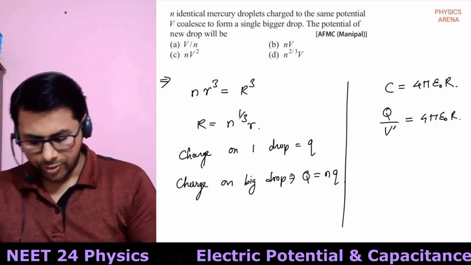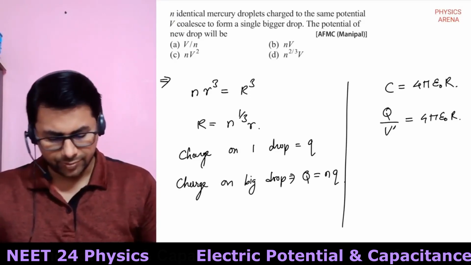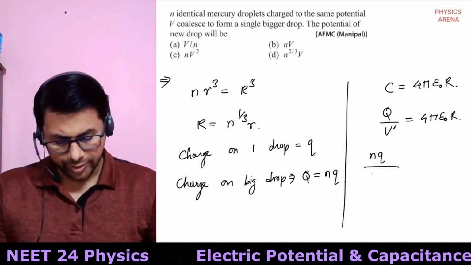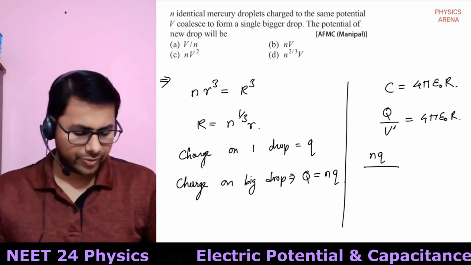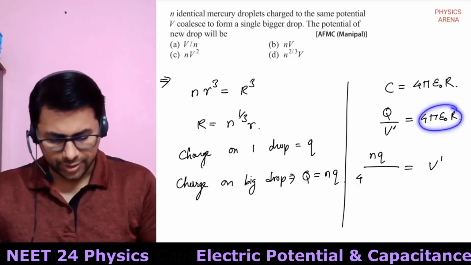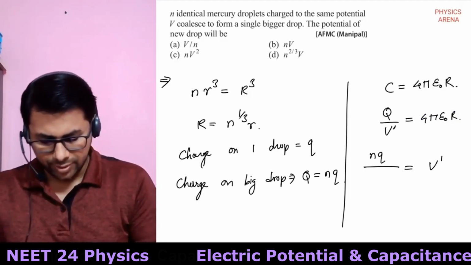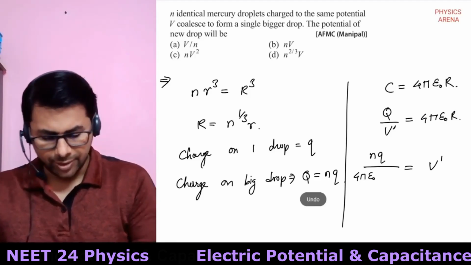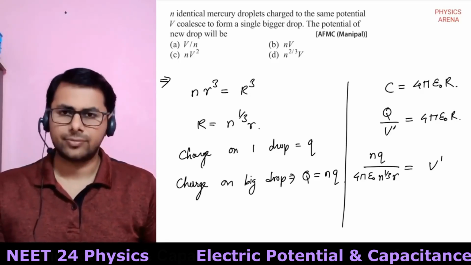Let's call it V dash because for the smaller drops it was V. So Q is n times q, and V dash, let's keep it V dash only. Let's move it to the other side. And this 4 pi epsilon naught R, let's move it to this side. So 4 pi epsilon naught times capital R is n raised to 1/3 of small r.